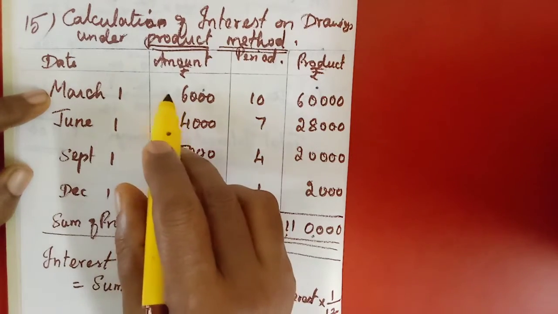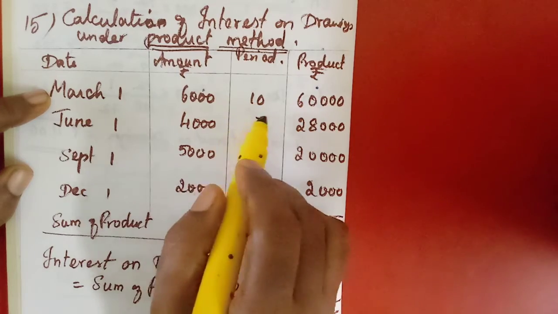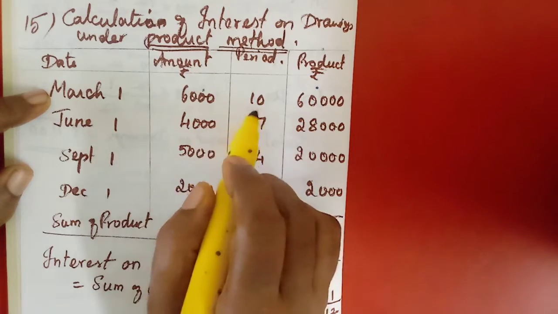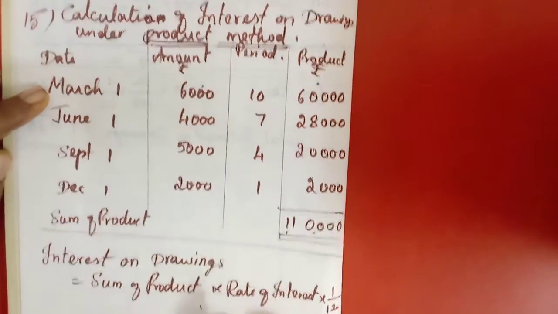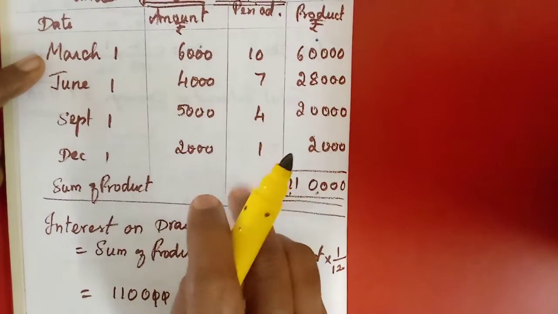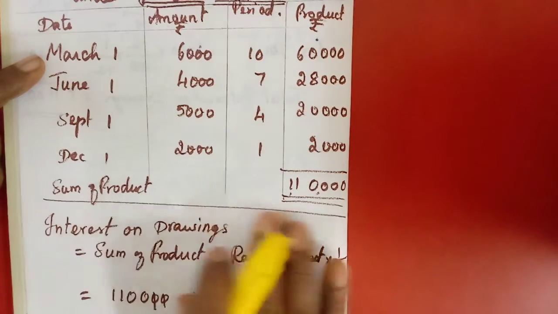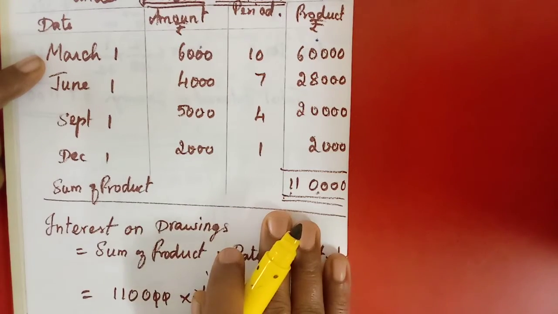There we need to do 6,000 into number of months divided by 12 into rate of interest 12 by 100. That way we calculated the total, adding all the interest and writing the total amount of interest.